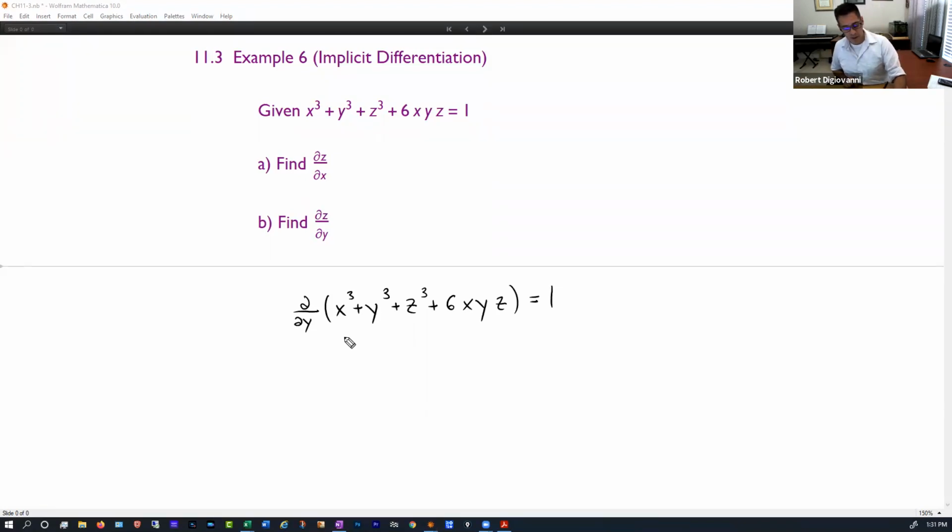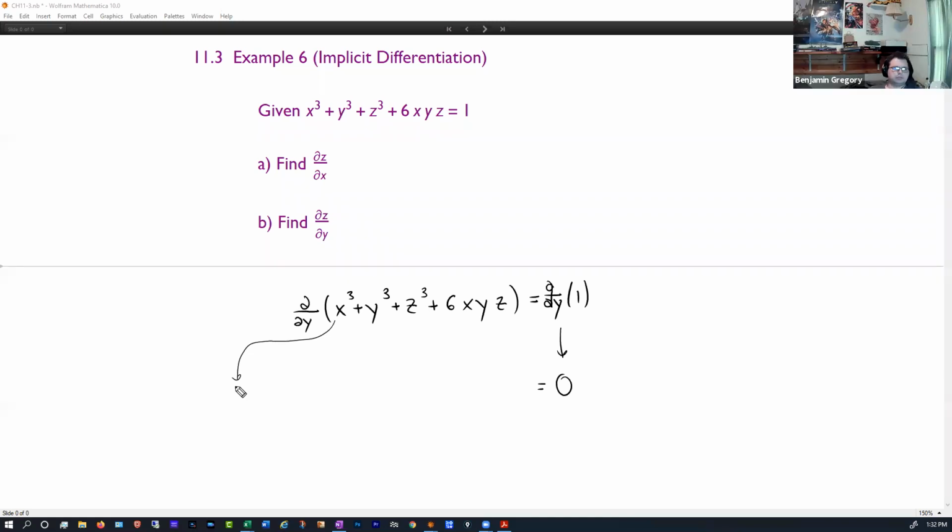So if we hold x constant, oops, I forgot my derivative over here, partial with respect to y of 1. The right side will be 0. And then let me give myself some room here. Derivative of x cubed: 0. Right? Because x is a constant. So there's going to be 0.